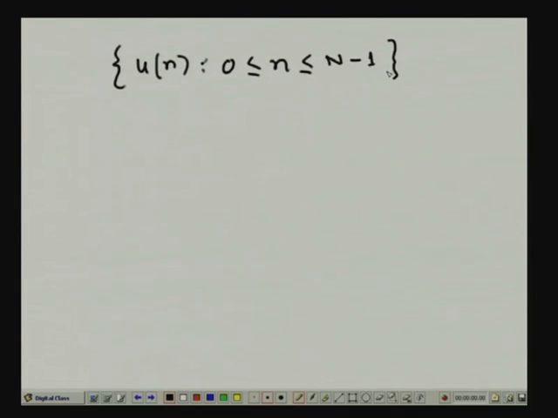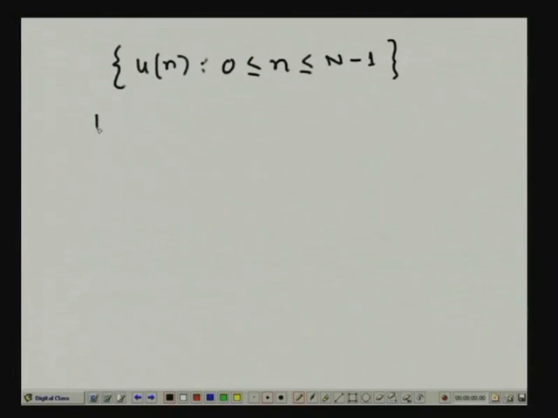Obviously, you can see that this is a one dimensional sequence of samples, and because it is a one dimensional sequence and the sample size is capital N, we have capital N number of samples.